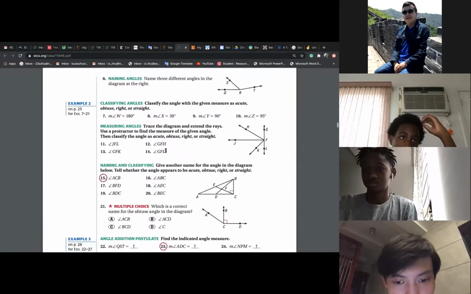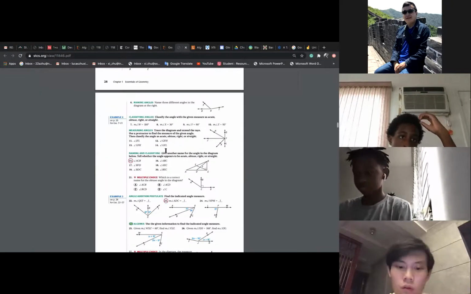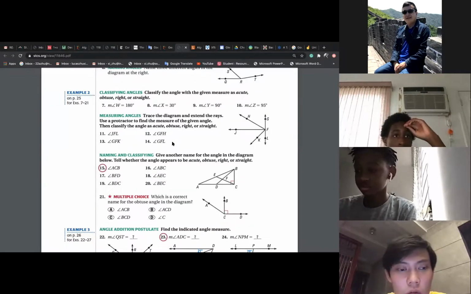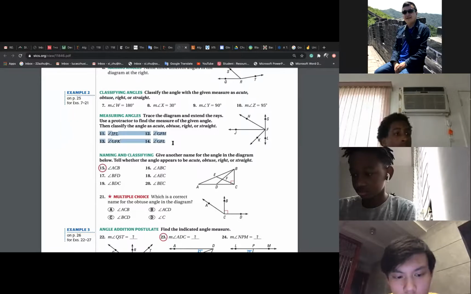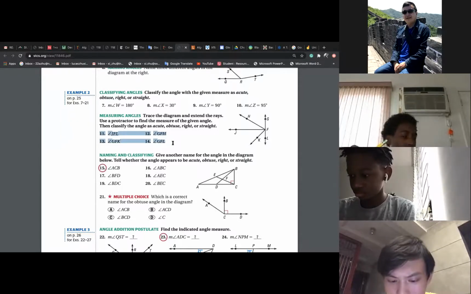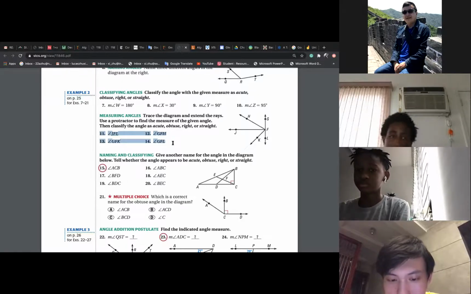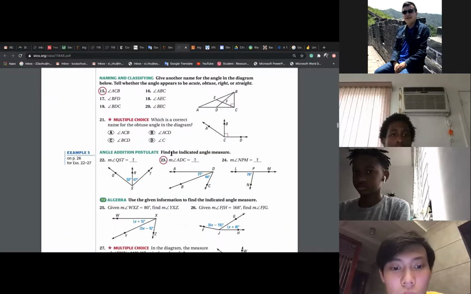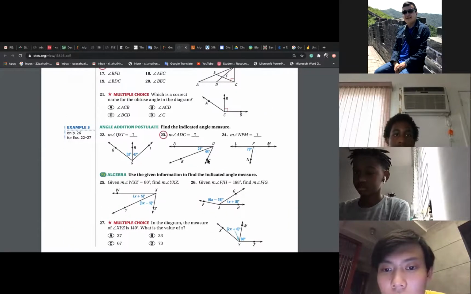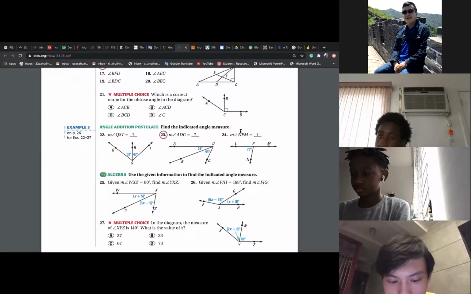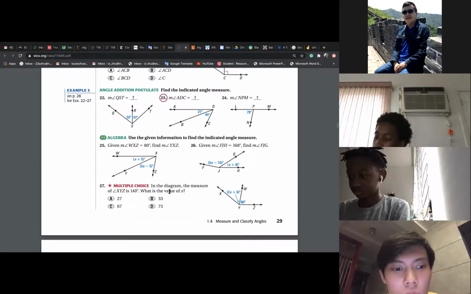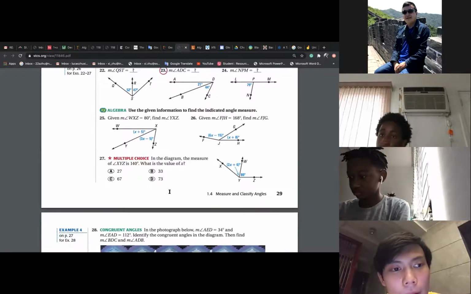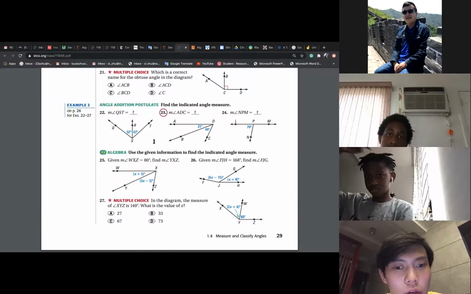Page 29, questions 11 to 14, and 22 to 26.